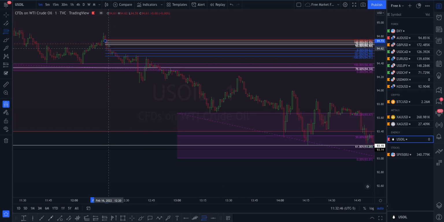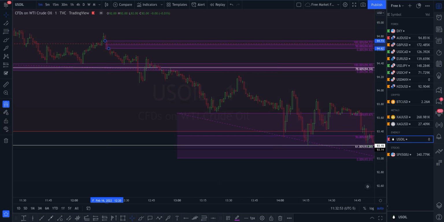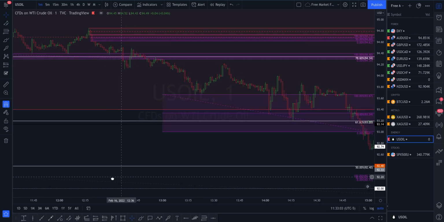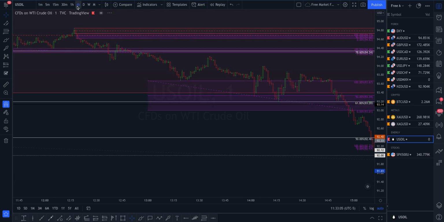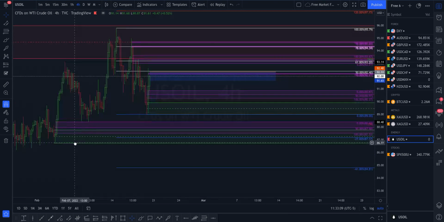Institutional. So it's very possible we could see that play out. Depends on where they have their sell orders at. Let me see if that makes sense on the 4 hour. I think I'm up here.